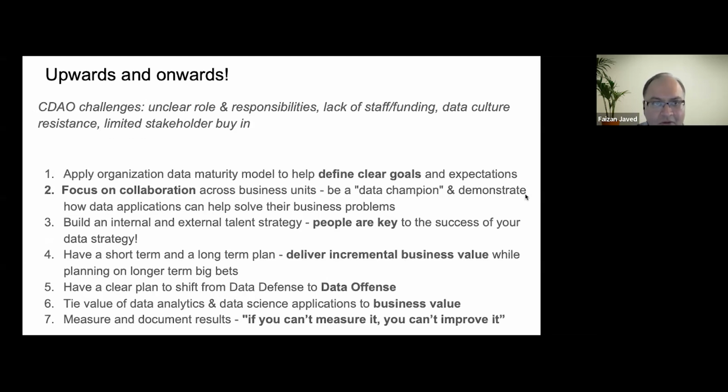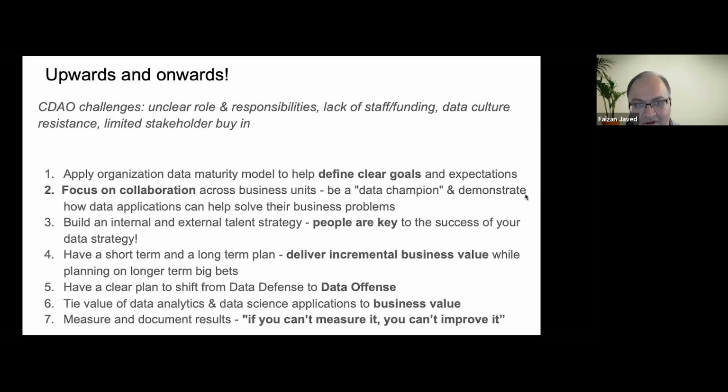So upwards and onwards, right? As I just shared, some of the key challenges for people in the chief data officer and similar roles could be issues with unclear roles and responsibilities, lack of funding, data culture issues, stakeholder issues, and internal buy-in. So the playbook at a high level is we want to make sure that we define clear goals. We know what we're getting into based on the organization's platform status.